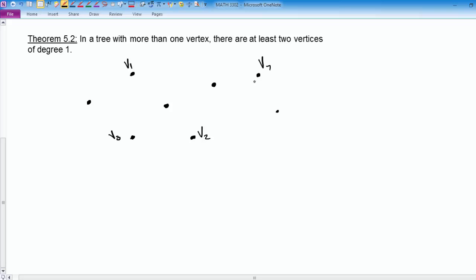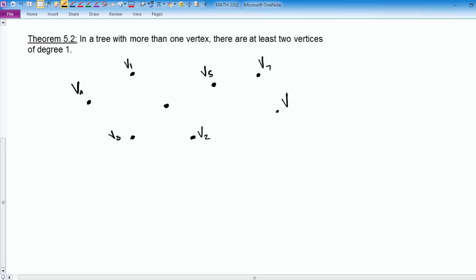If that's not the longest, then there may be another pair, maybe V3, V5, that has a path longer than the path between V3 and V7. Anyway, there is a path that has the longest length. Take that path.